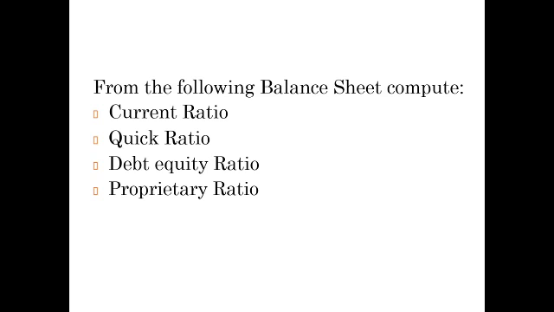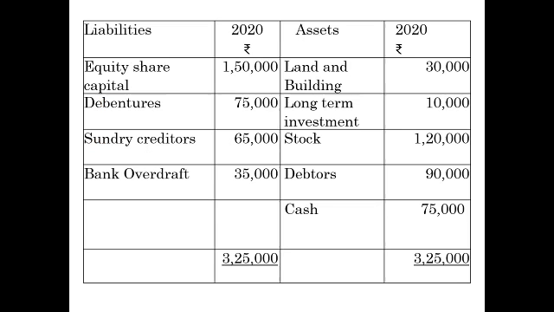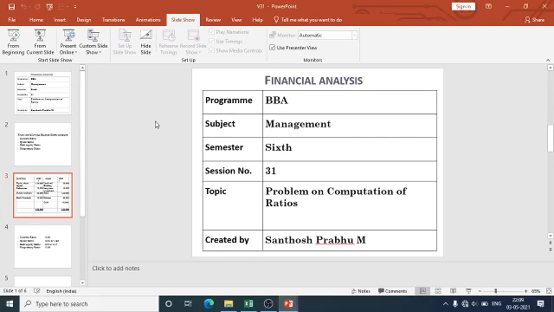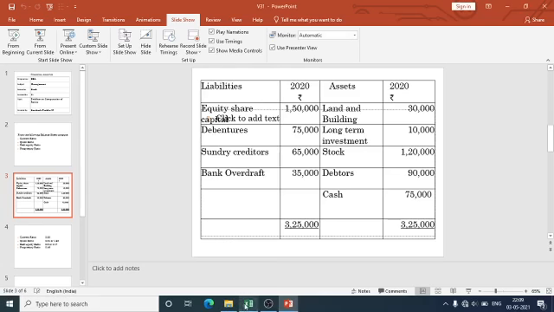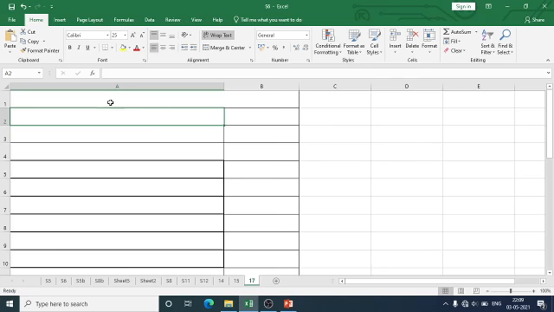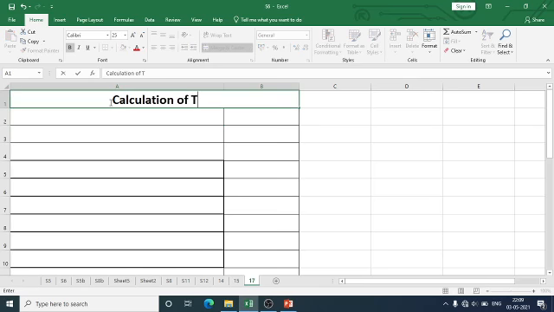So now we will calculate the ratios one by one. First we will go for the current ratio. So we'll write calculation of ratios.